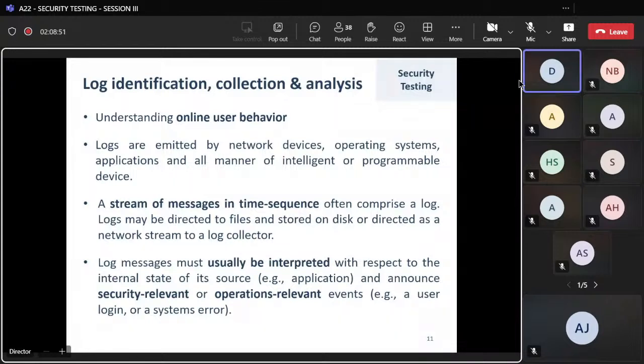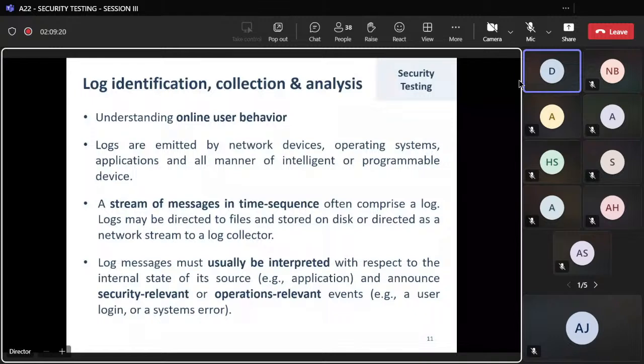If there is a time difference from one device to another, and the logs are generated and pushed to a centralized server, we may be missing some of the evidence, or some of the artifacts, because there is a difference in the time factor.